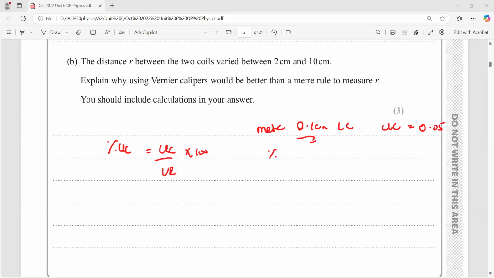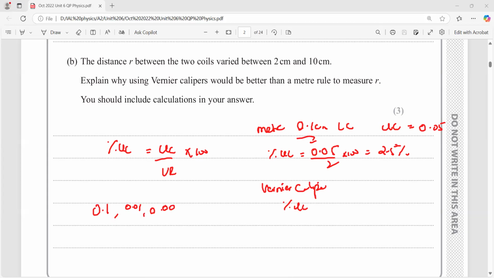So the percentage uncertainty of measurement using a meter rule will be 0.05 divided by 2, times 100. That gives us about 2.5%. But if I use a vernier caliper: a meter rule can measure about 0.1 centimeter, a vernier caliper 0.01 centimeter, and a micrometer 0.001 centimeter.